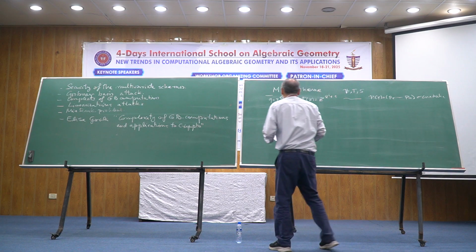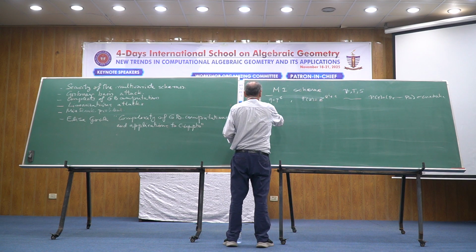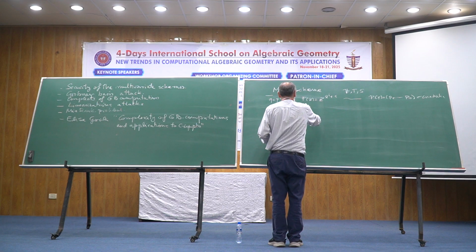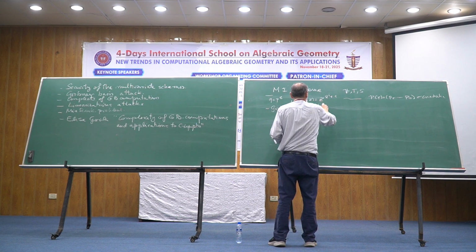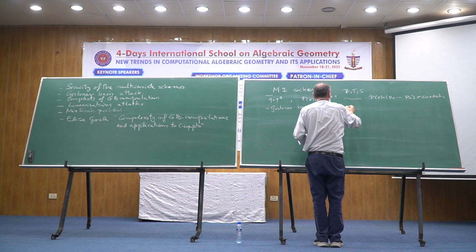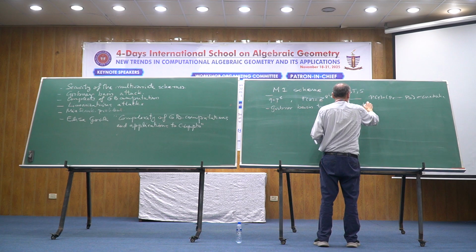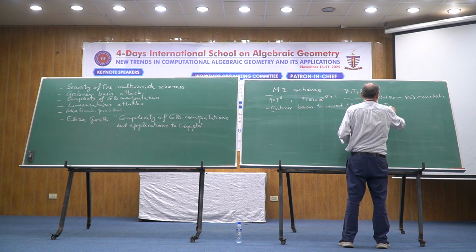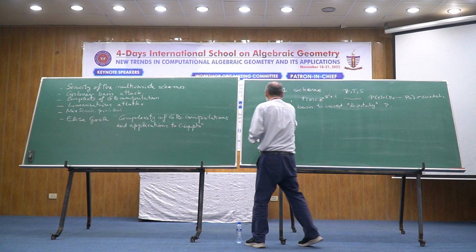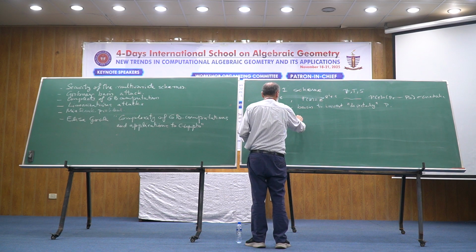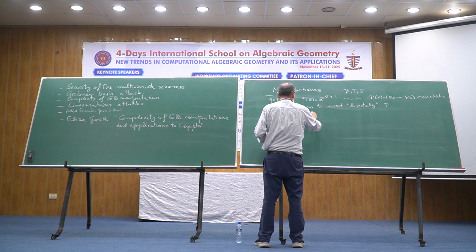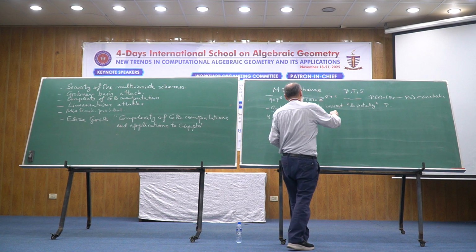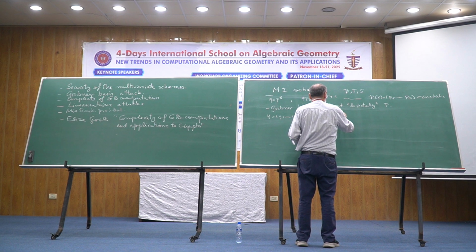Remember that, of course, we can use Gröbner basis to invert directly the map, so the map P. That means that we have y equal to y1, ..., yn, belonging to F_q^n, and we have to find P inverse of y, okay?